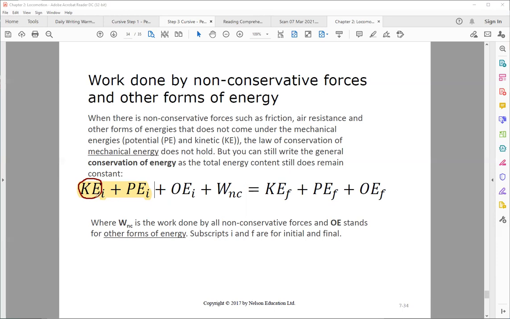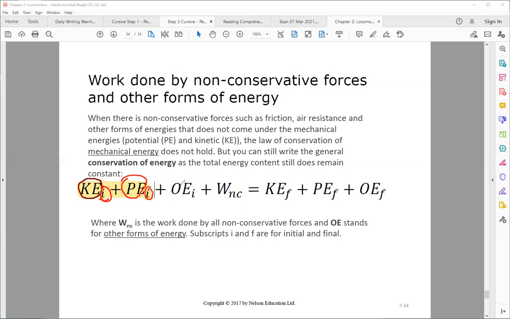KEI, plus all the potential energies involved, is equal to, or sorry, not all. So we're talking about initial here. So that's what the I stands for. So we're talking about kinetic energy initial plus potential energy initial.